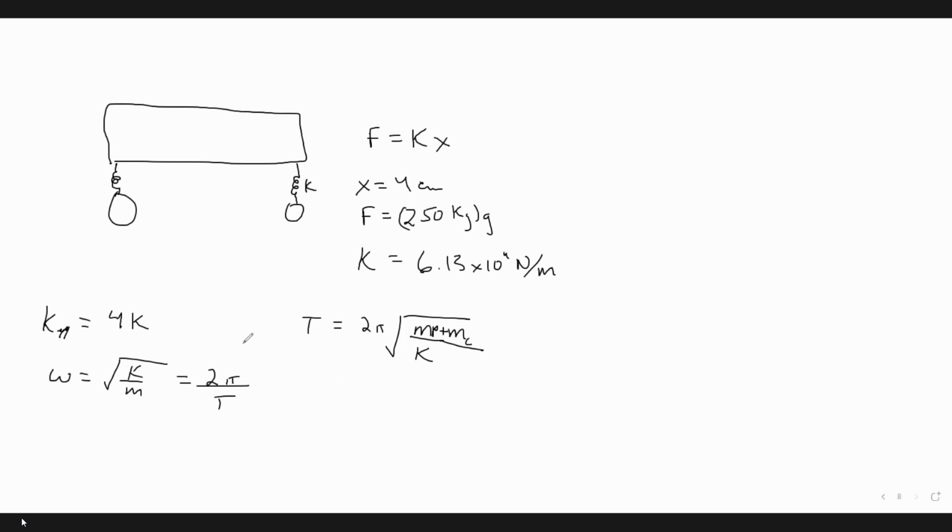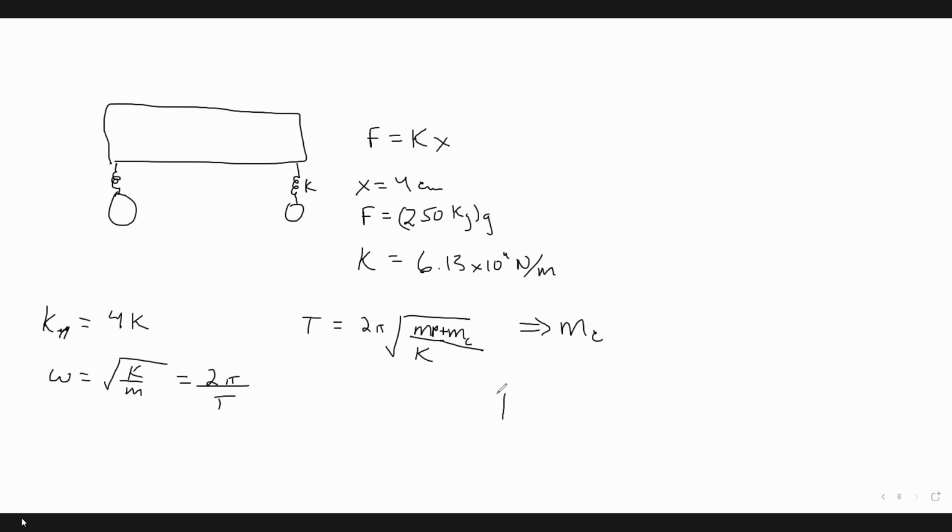So you know the period is 1.92 seconds. You know the mass of the passengers is 250 kilograms. You can solve this for the mass of the car. So now you know the mass of the car. Now, what's the period of vibration of the empty car?